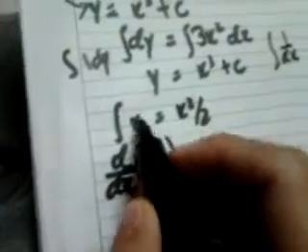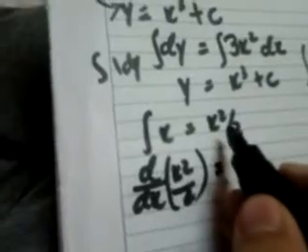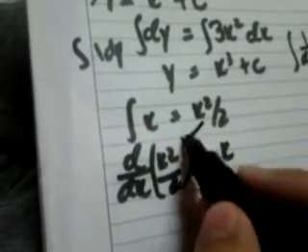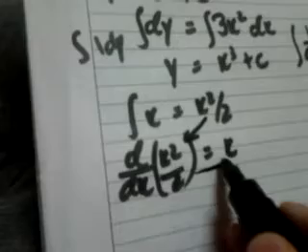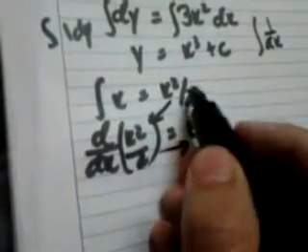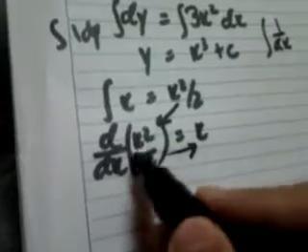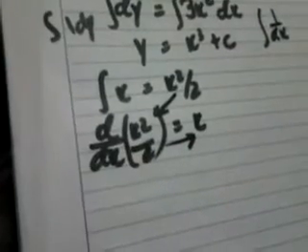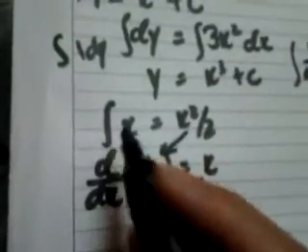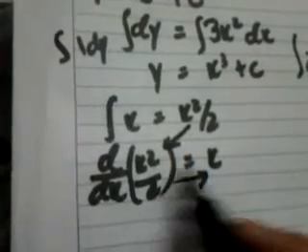Look here, integration of something will give us something, and if we differentiate that something, we will get the original function. So what's the integration of x is another way of saying the differentiation of what will give x.